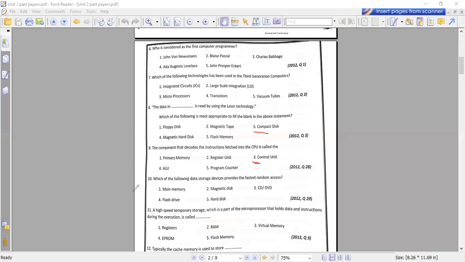But RAM, all this stuff are coming under main memory. So main memory එක තමයි වැඩිම access speed එකක් තියෙන්නේ. So 10th one, first answer should come. I think only one has put the first answer.